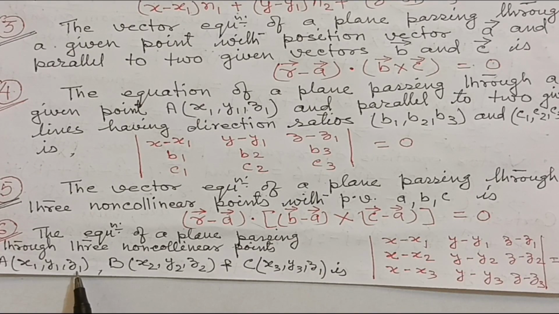Then the equation of the plane in Cartesian form is the determinant with rows (x minus x1, y minus y1, z minus z1), (x minus x2, y minus y2, z minus z2), (x minus x3, y minus y3, z minus z3) equal to 0. Determinant's value is 0. It is the equation of a plane passing through three non-collinear points whose coordinates are given.